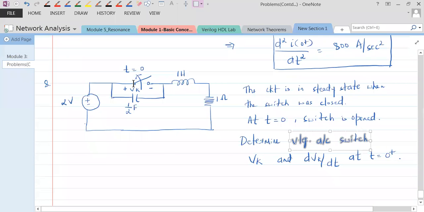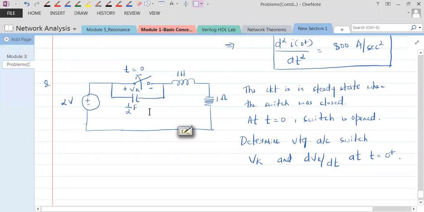The switch is here. Okay, so the voltage across the switch is as good as the voltage across the capacitor, which we need to understand by observation. So if you are good enough, you should be able to understand that the voltage across the switch is actually the voltage across the capacitor only. Okay, so that is the catch one needs to have here.